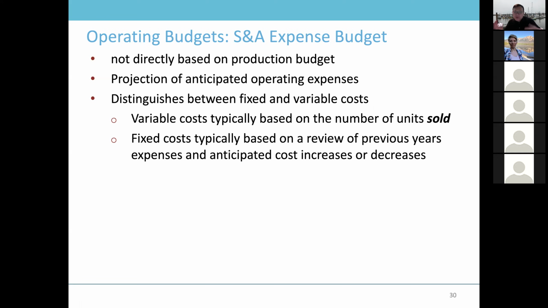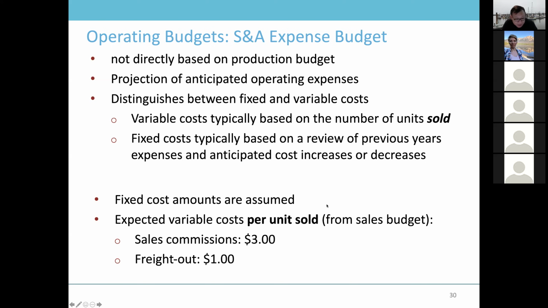So you just take last year's number and then take into some considerations. If you believe that cost will be lower this year by 2%, then you just use last year's number times 98%. That's this year's budget, okay? So fixed cost amounts are always assumed, okay?